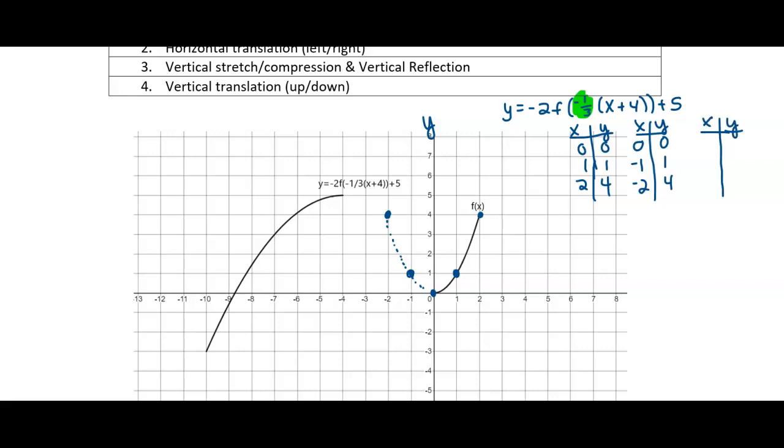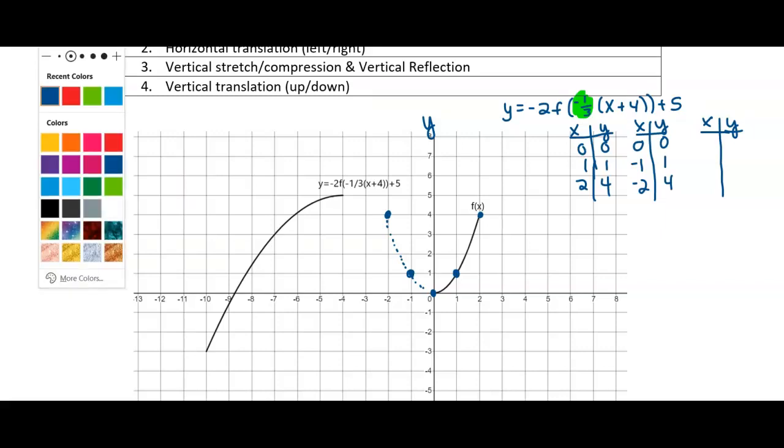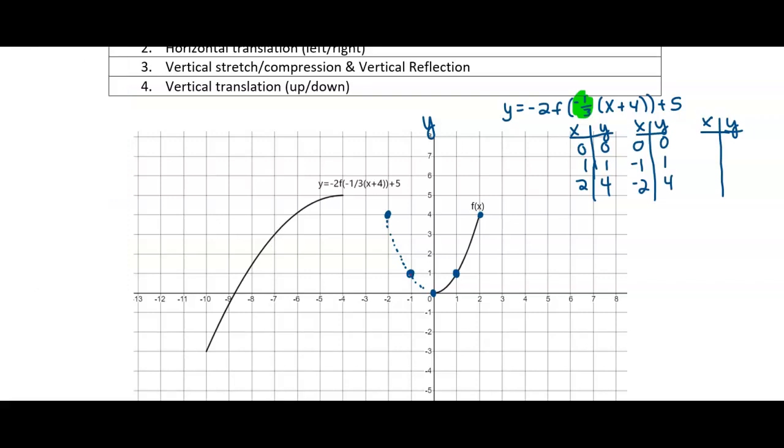So I'm going to take these points that I just got, and I'm going to switch to a different color here. So let's go maybe red. And I'm going to stretch these out. So this point that is at negative 1, 1 is now going to stretch out and be at negative 3, 1. Think about multiplying that x value by a factor of 3.